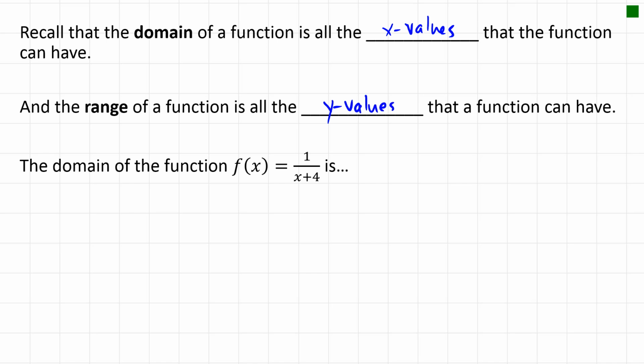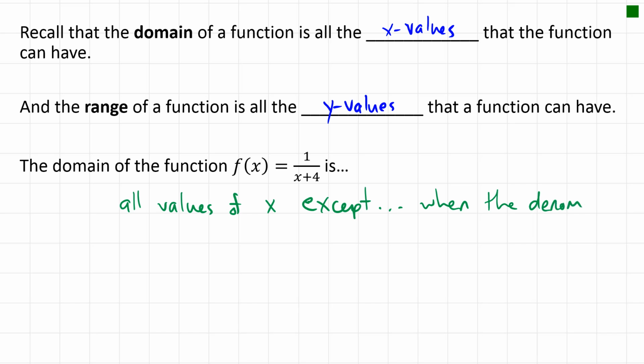So the domain of a function f of x equals 1 over x plus 4. So this is a rational function, which we saw earlier. The domain was all values of x except when the denominator is 0.